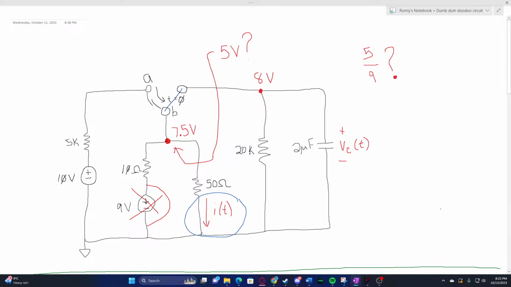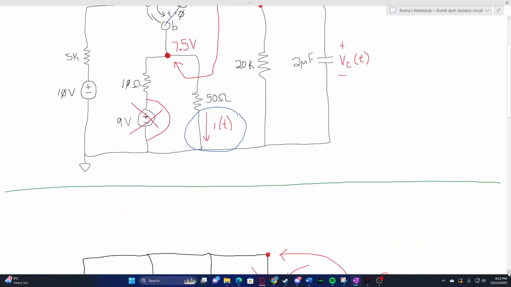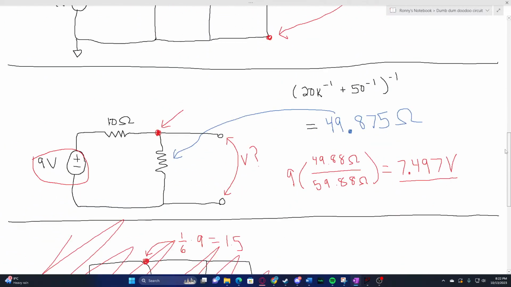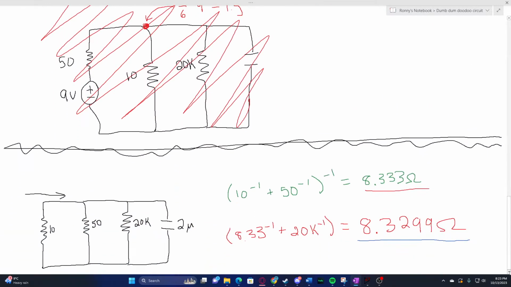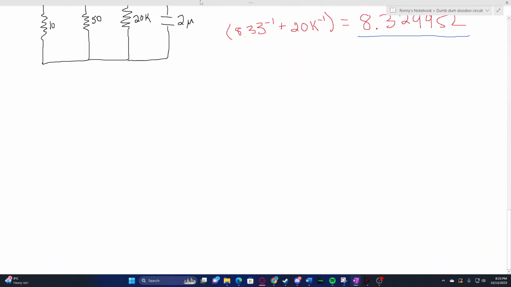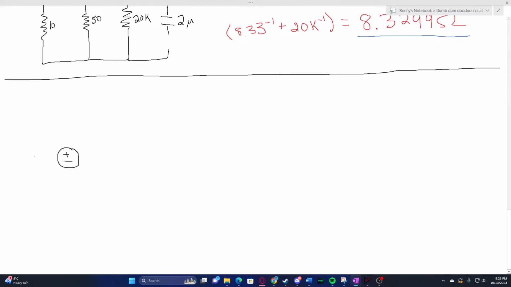With that in mind, let's try looking at it from that point of view. What if the actual load instead was the 50 ohm resistor? I think that's a reasonable way to go about it. So what we have is our 9 volts, again, for the 10 billionth time.